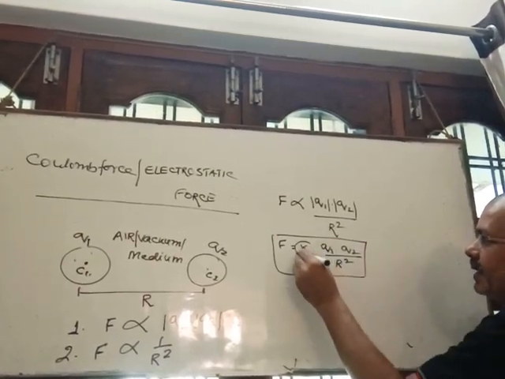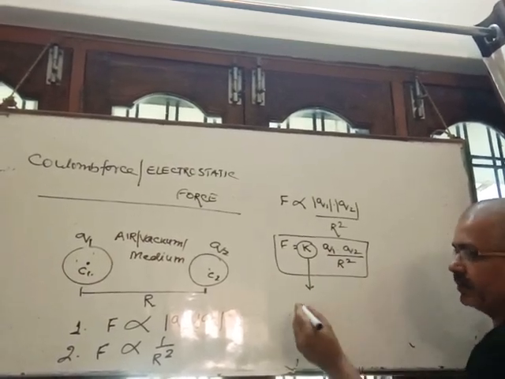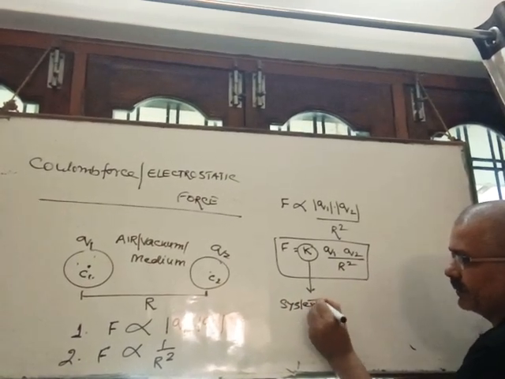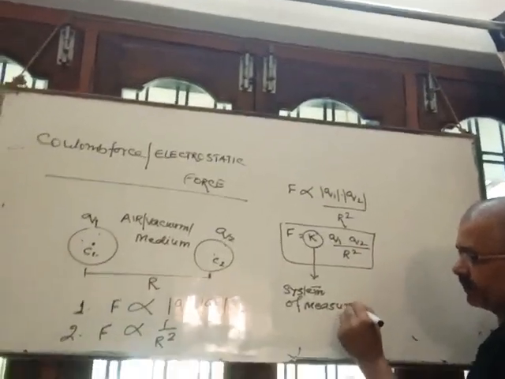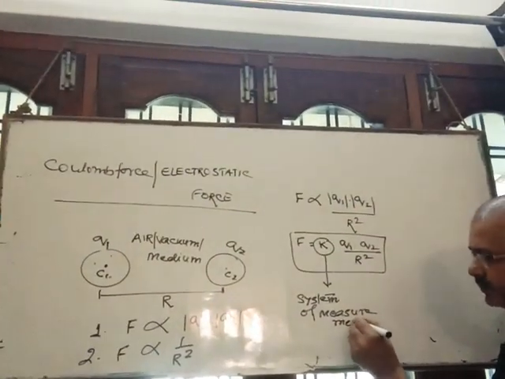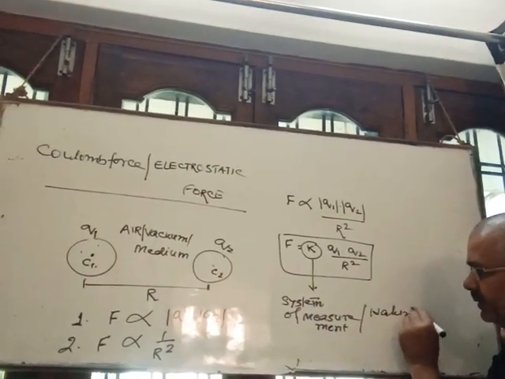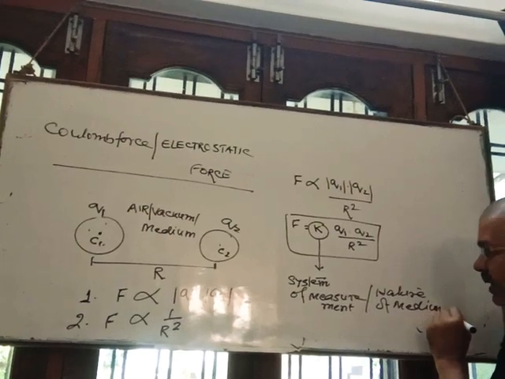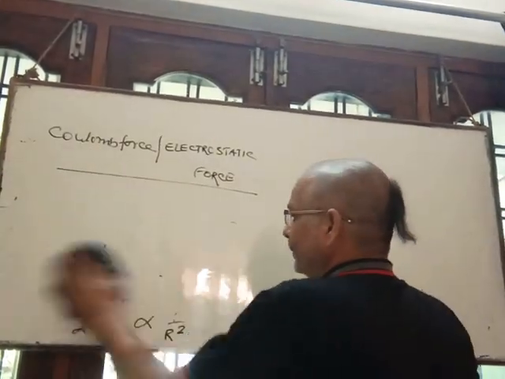This K is called the proportionality constant, and its value depends on the system of measurement and also the nature of the medium. These are the two factors on which K depends.